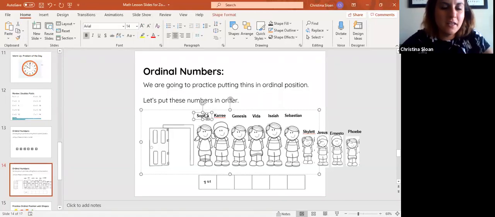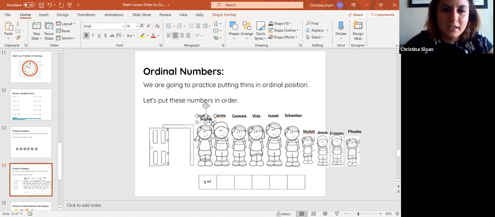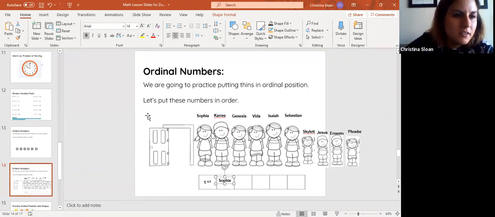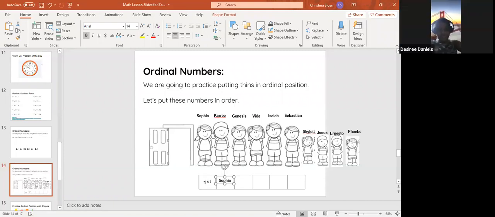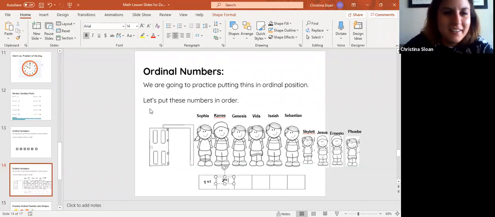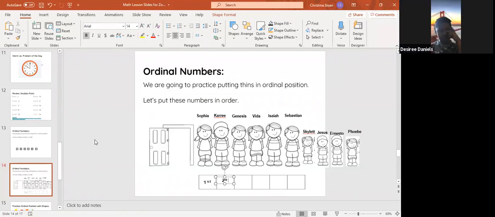Who can tell me who is second in line? Hold on, let me get a box here really quick. Kari, who is second in line? Me. You? Okay, so Kari is second in line. Thank you, Kari. Who is third in line?